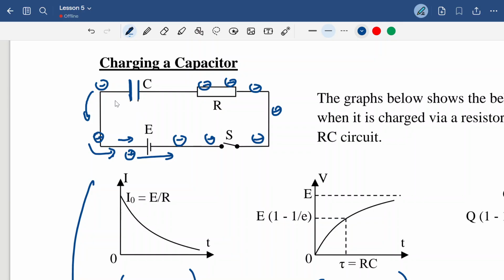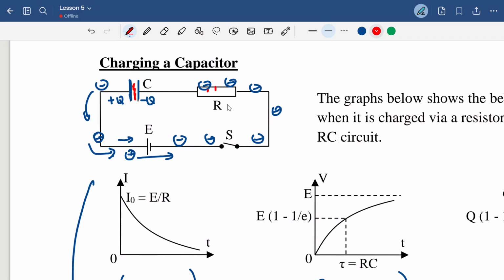So here we call it plus Q, here we call it minus Q. So it's charged with a charge of Q. Okay? No current actually moves between there. It's just the charges from this plate move to the other plate.